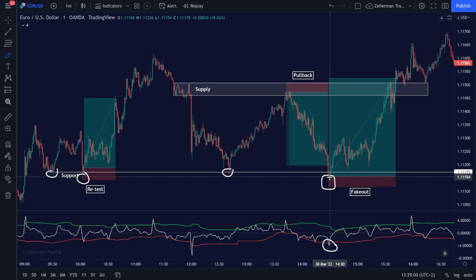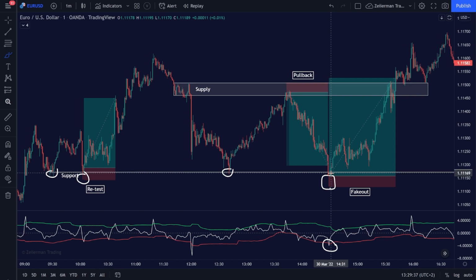This candle makes a huge wick. The volatility impulse indicator crosses below the lower line, and the price has broken the previous lows. And once we see this huge wick, we can enter long on the next green candle that closes above this previous support level.